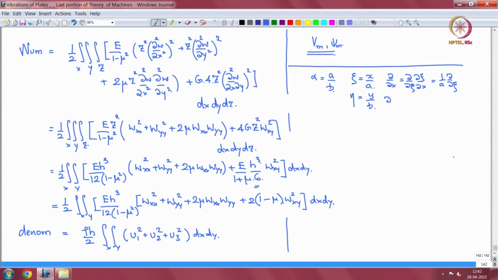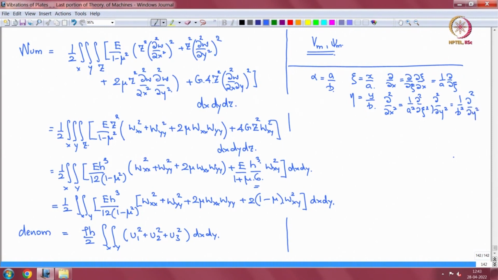Similarly, del 2 by del x square is equal to 1 over a square del 2 by del xi square, and for the same reason, del 2 by del y square is 1 over b square del 2 by del eta square.